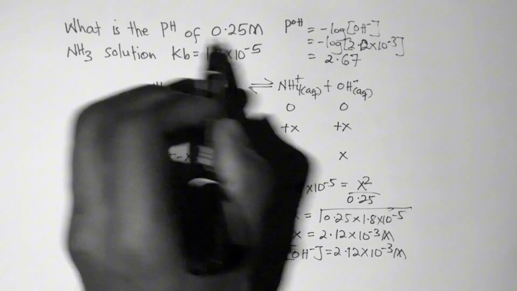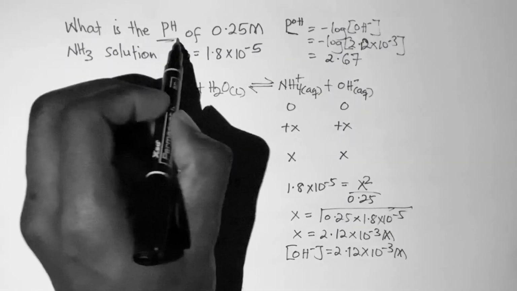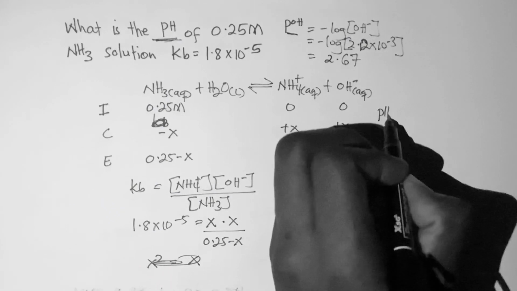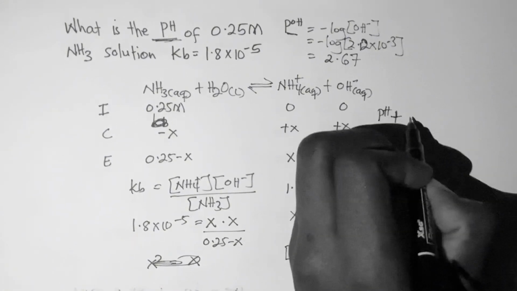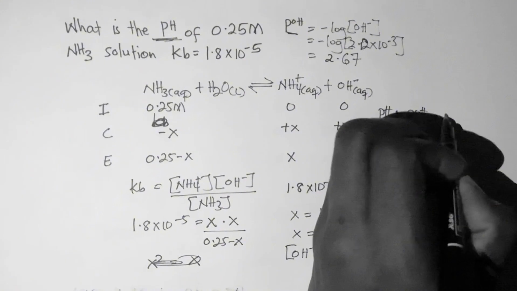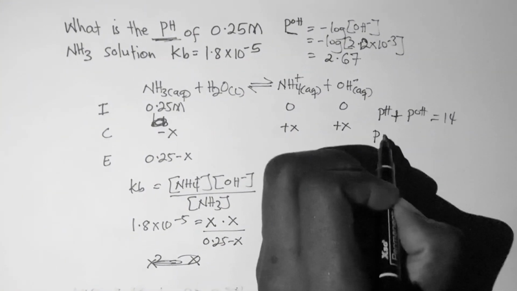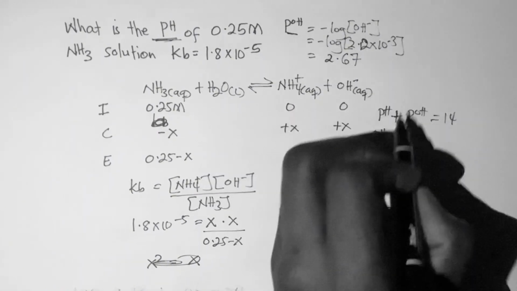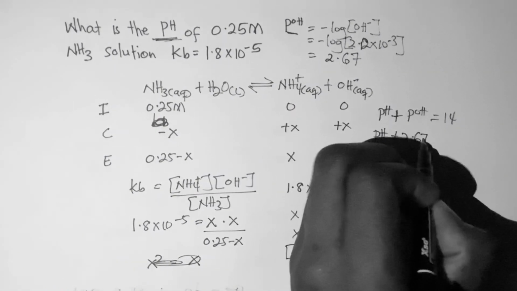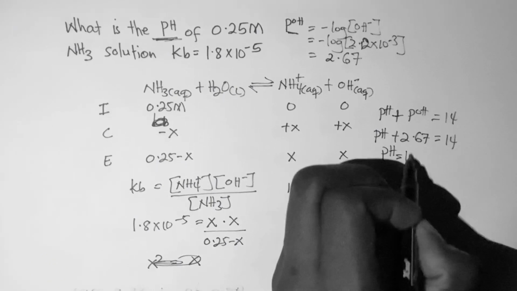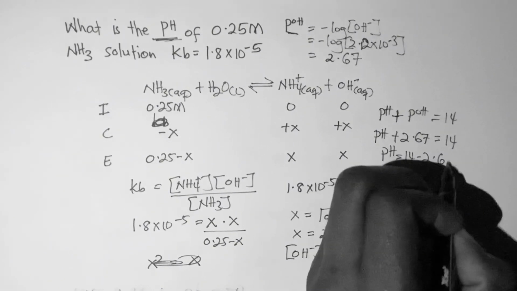Nonetheless, the question didn't ask for pOH, the question asked for pH. But we know that from theory, pH plus pOH is equal to 14. So what it means is that the pH plus the pOH that we found, which is 2.67, is equal to 14. So pH is equal to 14 minus 2.67.